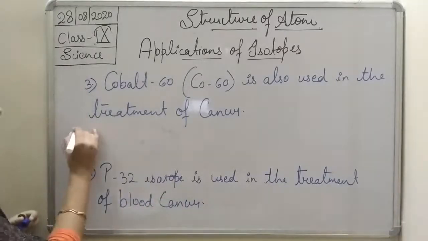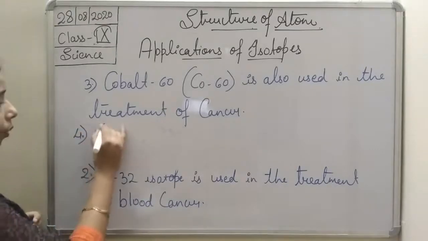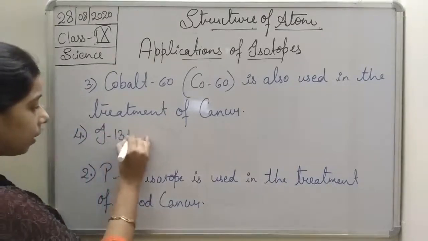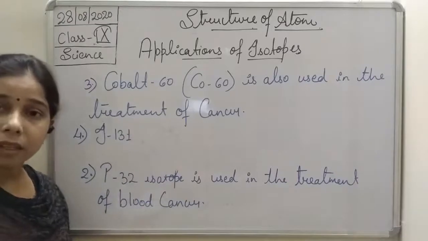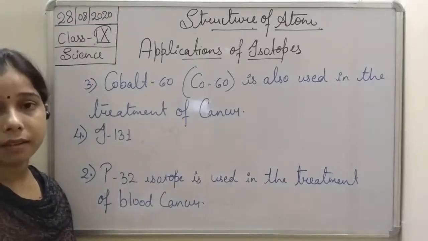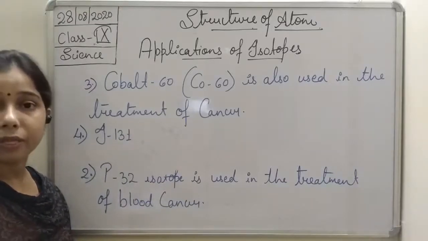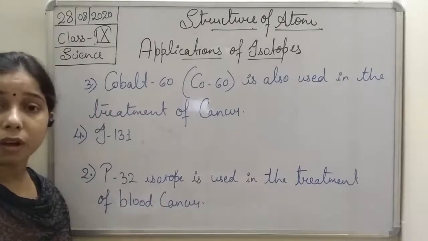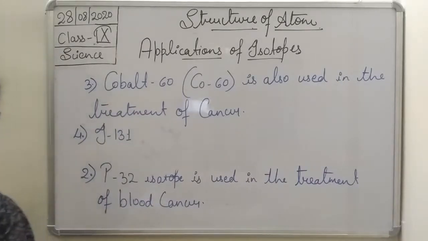Next one is iodine, students. If you see iodine-131, this iodine-131 is used in diagnosing a disease, and that is goiter, which occurs due to the deficiency of iodine.